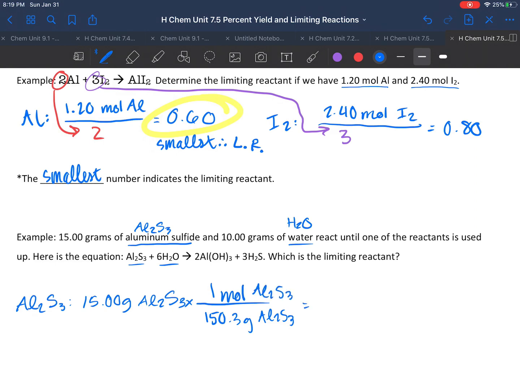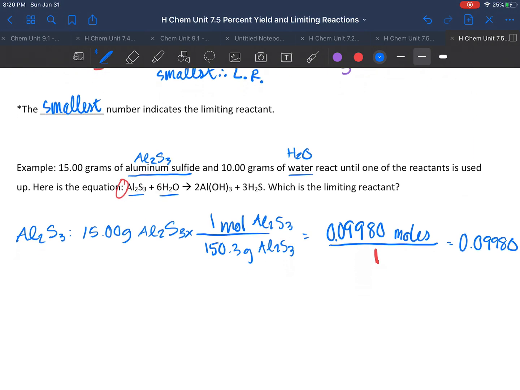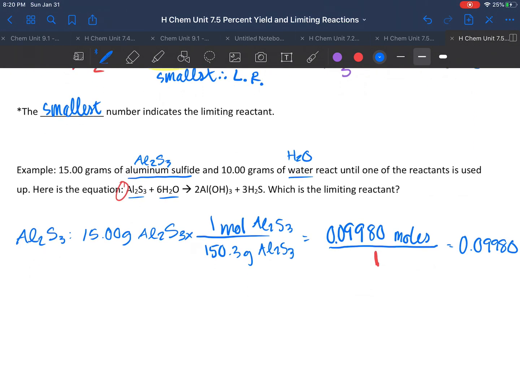That gives us a mole value of 0.09980 moles. And then we are going to divide that by 1, since there is no coefficient, it means just 1. That gives us a value of 0.09980.